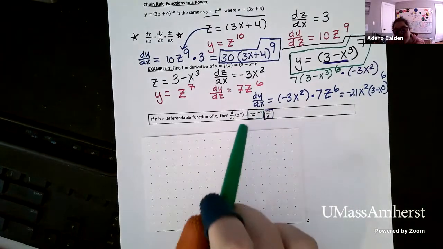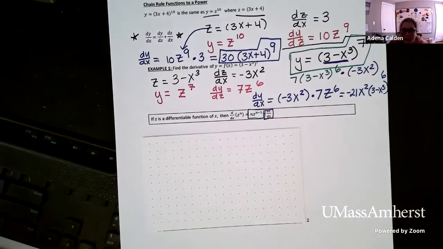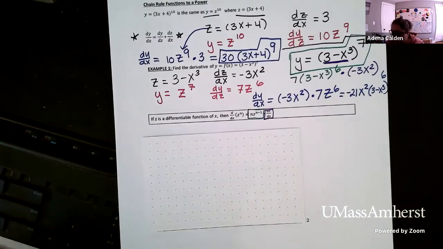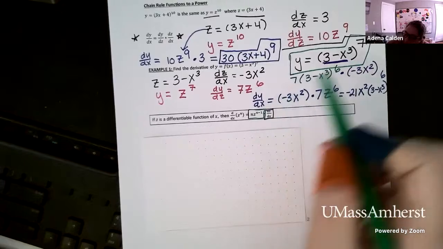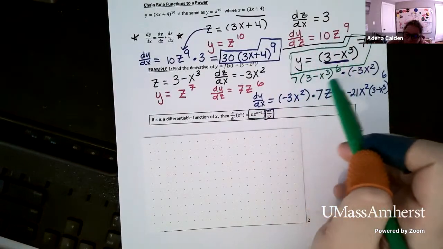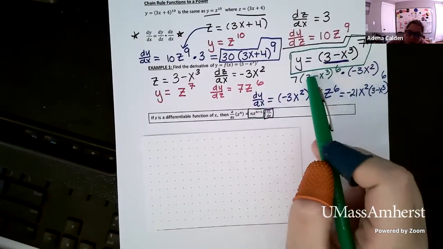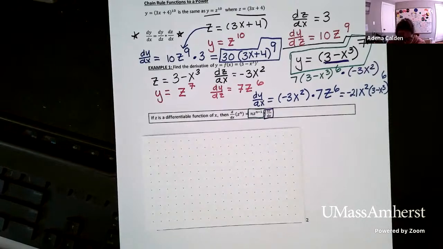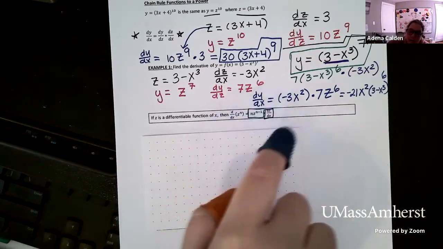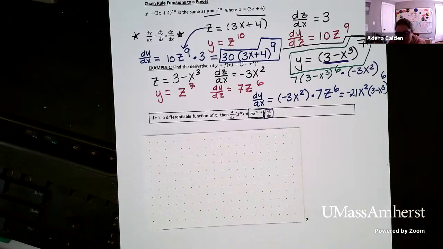So some people like to think about it like this. I call this the outside-inside rule. You may have heard that if you've taken calculus before. The outside part of the derivative, which is the power, gets dealt with in the first step, times the inside derivative. If your brain processes that and it makes sense, you can certainly use this outside-inside rule to do this a little more quickly and efficiently.